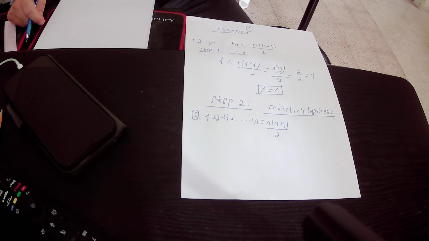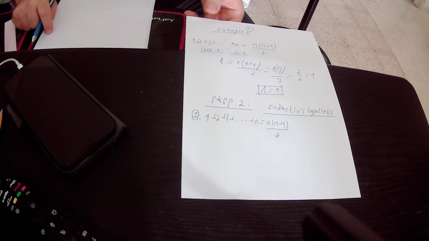And according to the assumption that the statement is true for n, we will prove it for n plus 1. So we will write down now the expression for n plus 1. That is what we have to prove. Okay?